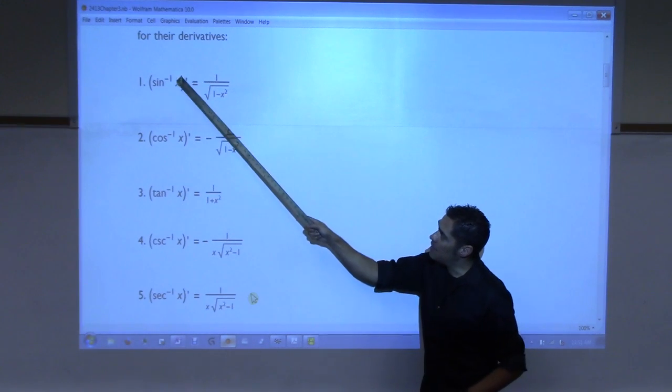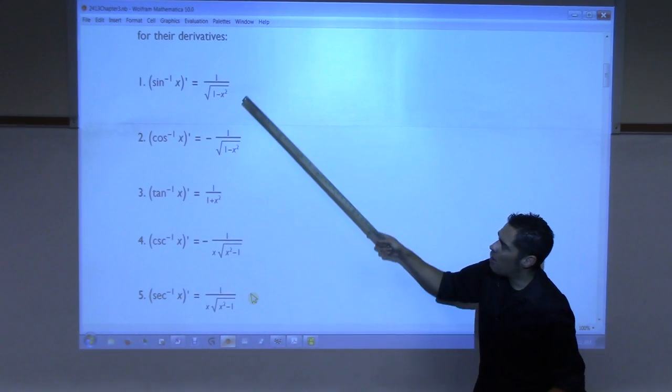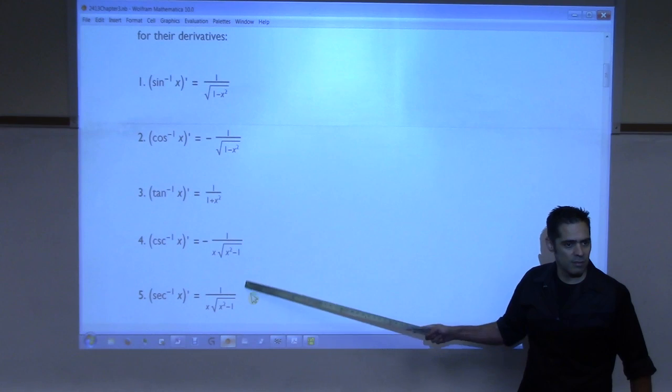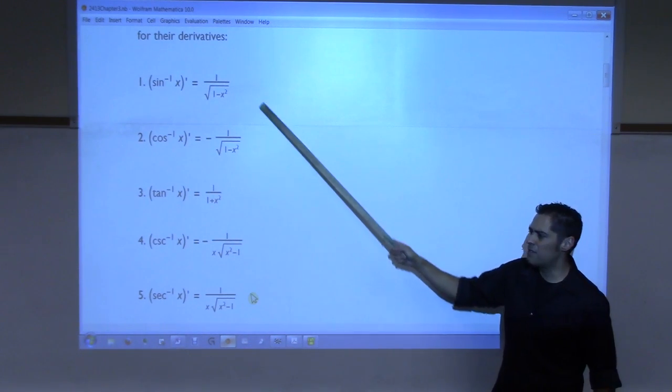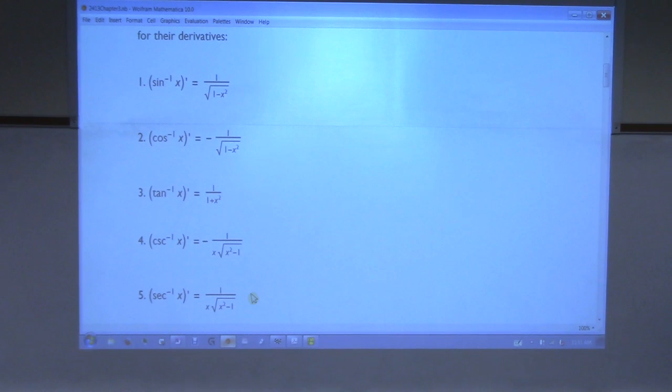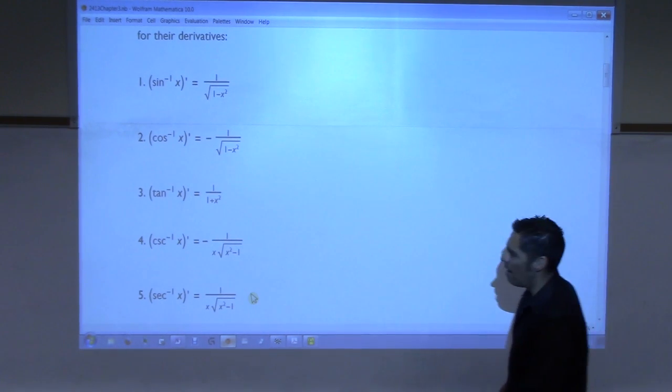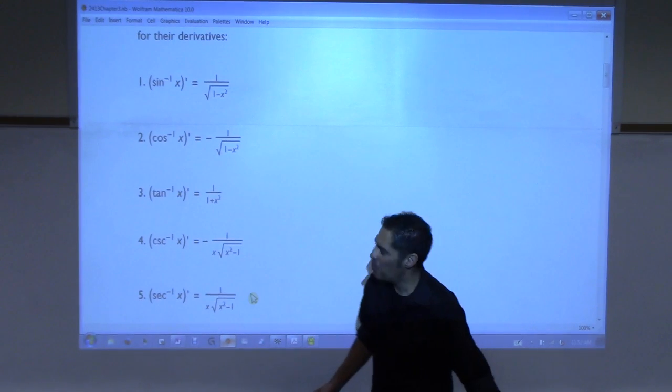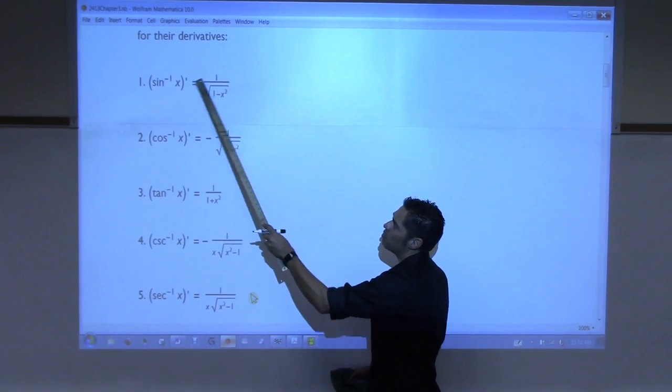The derivatives of the inverse trig functions are not trig functions, right? They're just functions of x. And they all involve x squared, right? Don't they all have an x squared in them? They all have a 1 in there somewhere, right? So weird. Like, how are we going to prove that this formula is true?